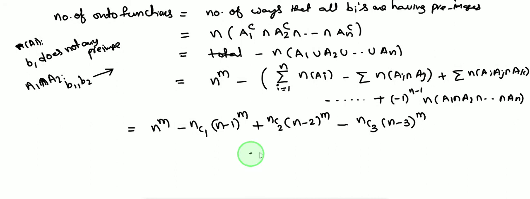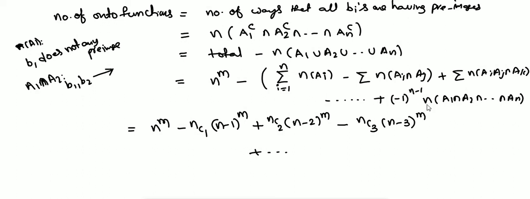What does it mean? It means no element has any pre-image, meaning there is no relation. So that case is not possible, and that would be 0.